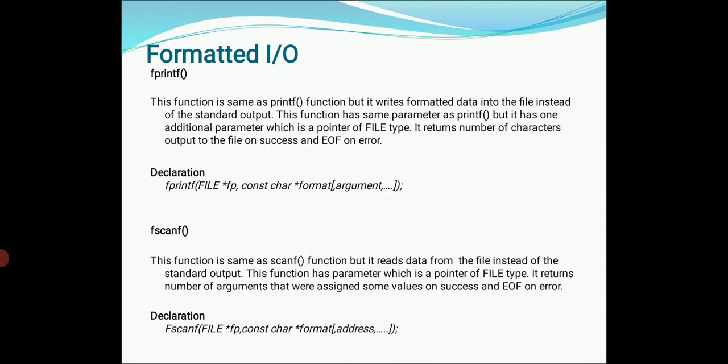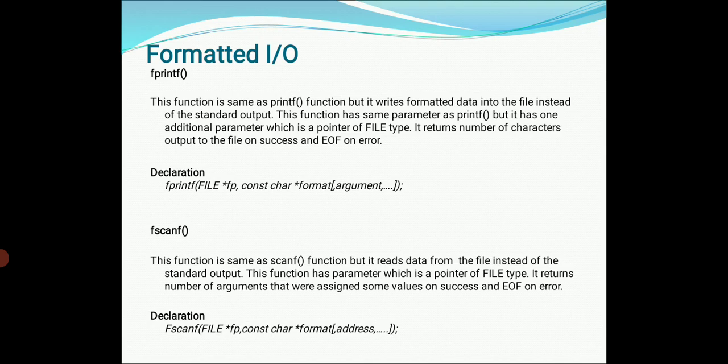It has the same parameters as printf, but one additional parameter, which is a pointer of FILE type. It returns the number of characters output to the file on success and EOF on error. Here is the declaration part.